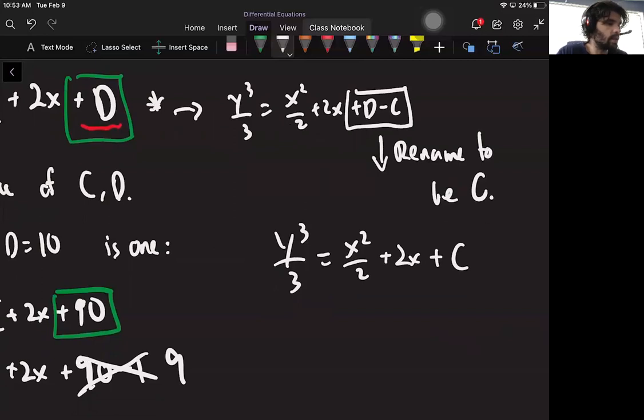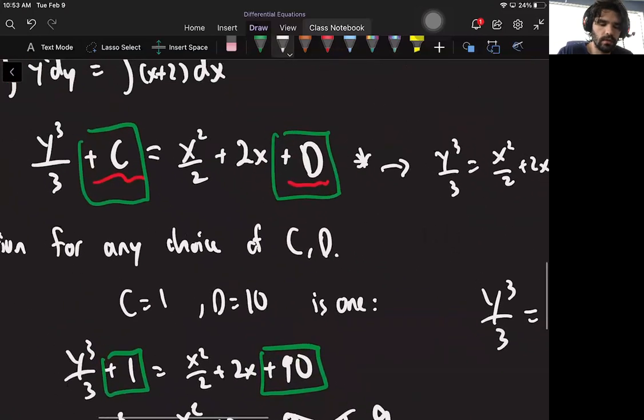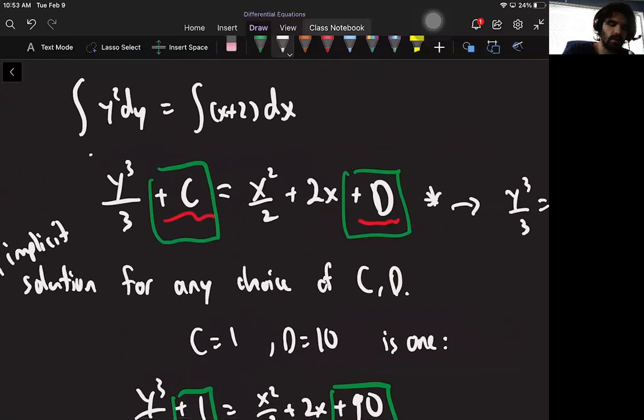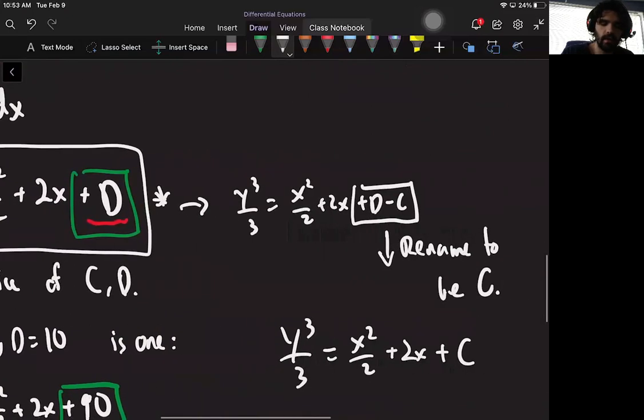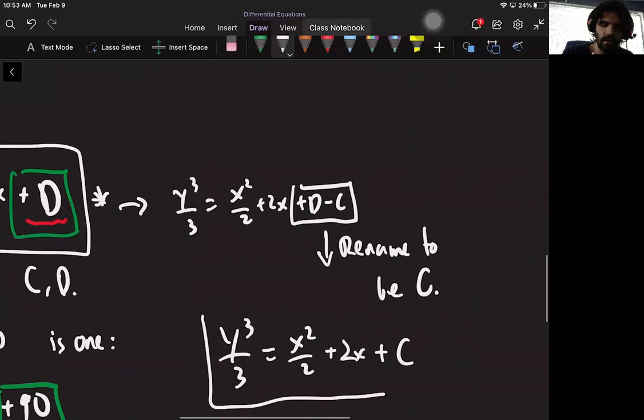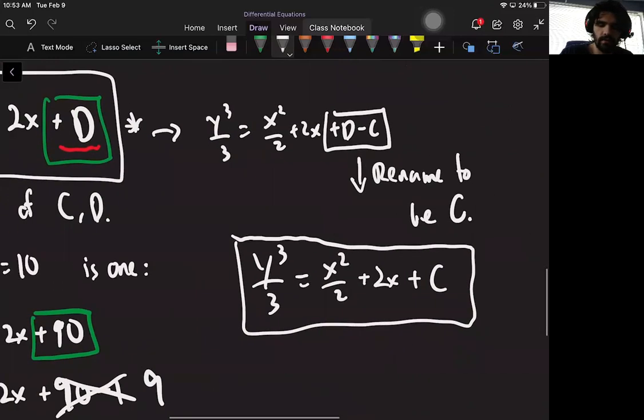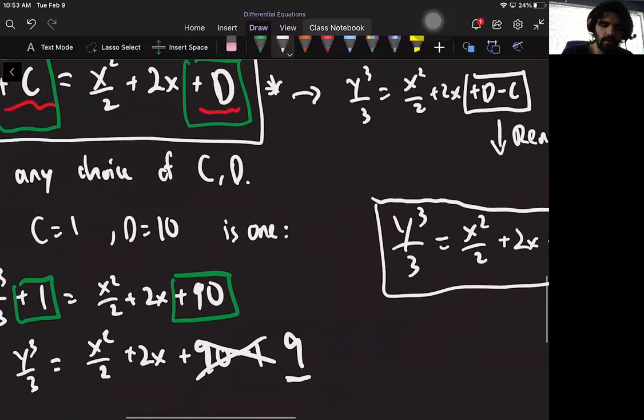Because the point is that it still is a whole bunch of solutions. So when I say that this is a solution, I'm really saying I have a whole bunch of solutions, one for each C and D, and I still have the same solutions here, but I just have to pick the one constant. I don't have to pick 2 constants and then subtract them.